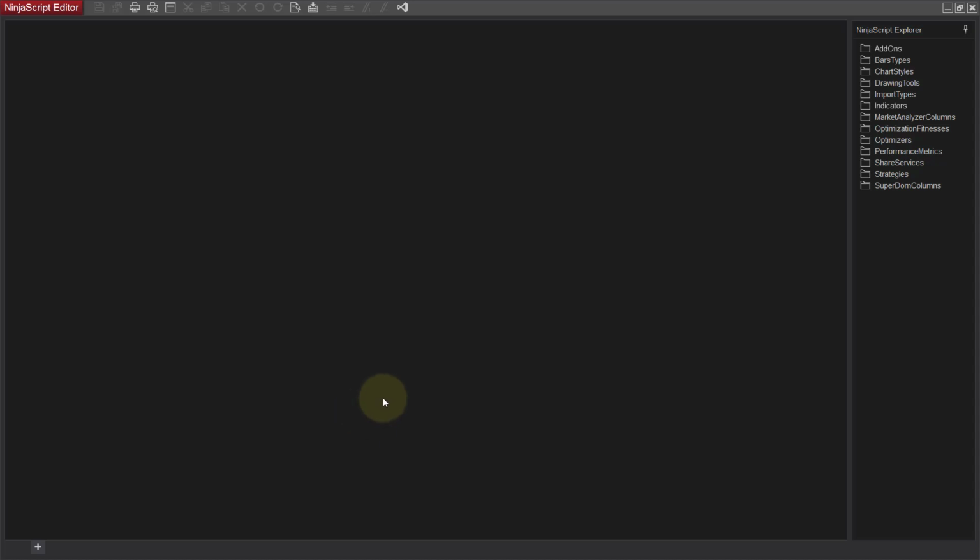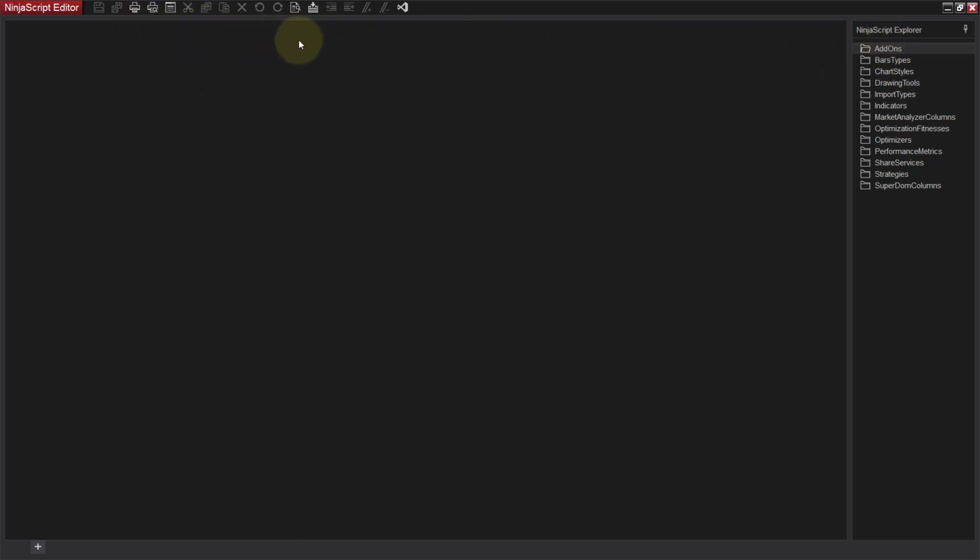Somebody had asked me how to remove the toolbar that we put out on the left side, and it's not like an indicator, so it doesn't show up in your indicators. Several of you have asked me, so go into your NinjaScript editor, and you'll see add-ons. If you click on that, you won't see mine now, but it would have toolbar in here.